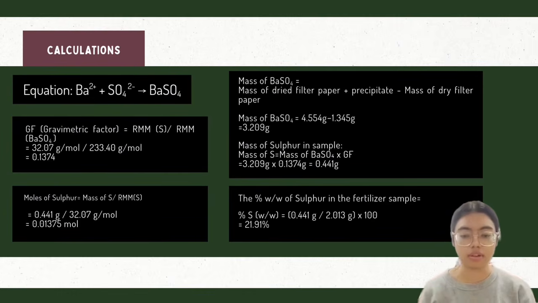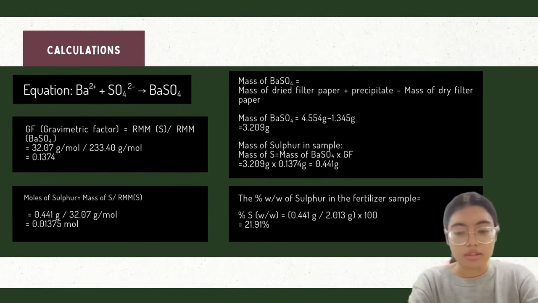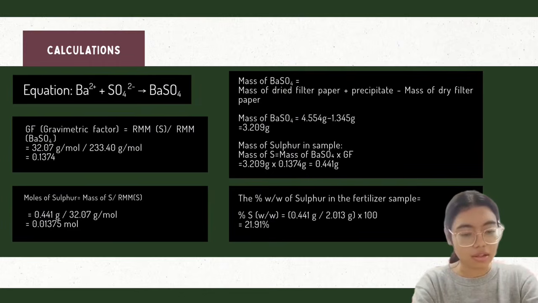Next is moles of sulfur. To calculate the moles of sulfur, we must take the mass of sulfur divided by the RMM of sulfur, which is 0.441 gram divided by 32.07 g/mol. Thus the calculation is 0.01375 mol. Next, we're going to calculate the mass of barium sulfate.